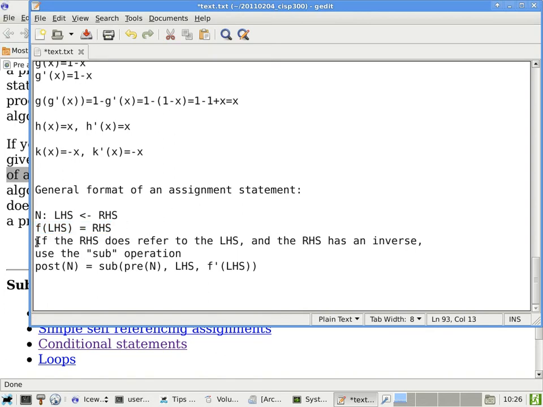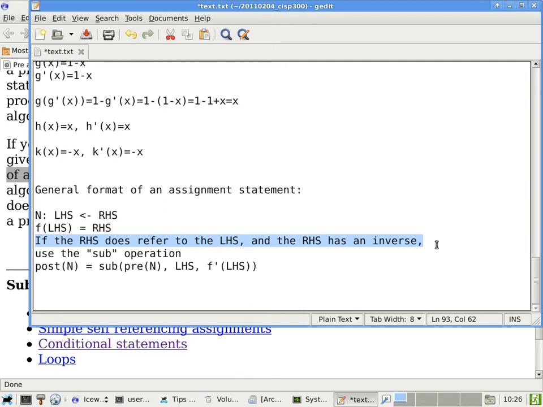And the rule is basically saying we have two conditions that have to be true before we can apply the substitution operation. The first condition is that the right-hand side has to refer to the left-hand side. In other words, when you look at the right-hand side, it has to mention the variable on the left-hand side. X plus 1 is an example, because x plus 1 as an expression on the right-hand side refers to the variable on the left-hand side, x itself.